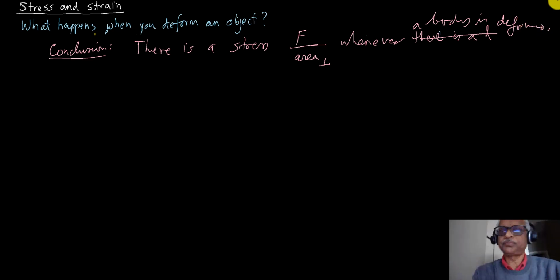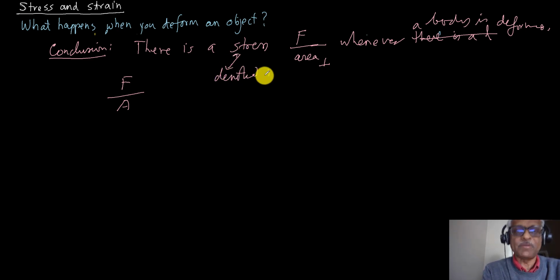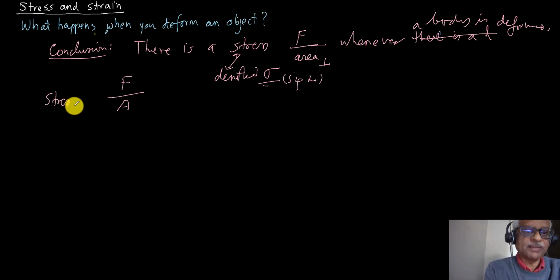So you have F over area. We usually denote it by the symbol sigma. So this is the stress.